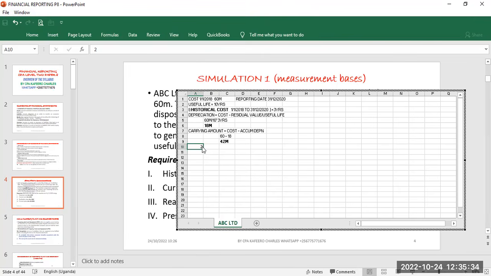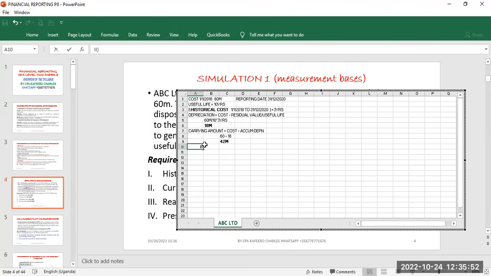Roman 2, we've got it, it was 40 million, given to us in the question.